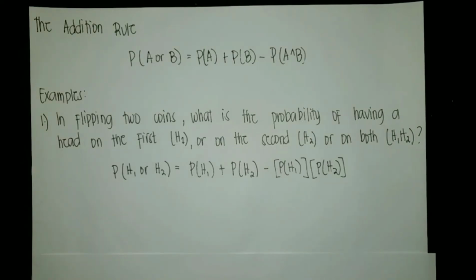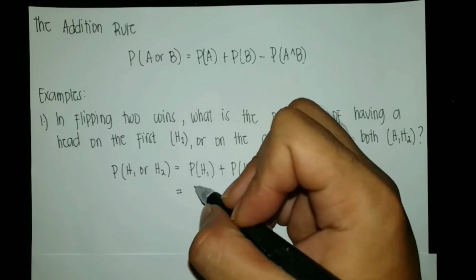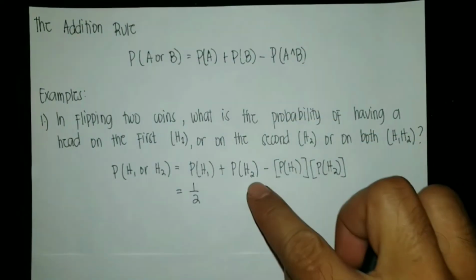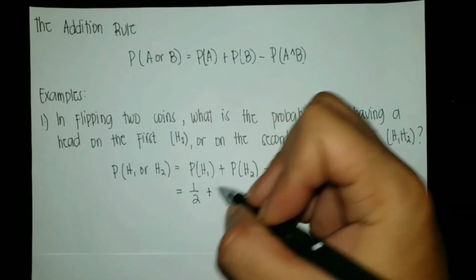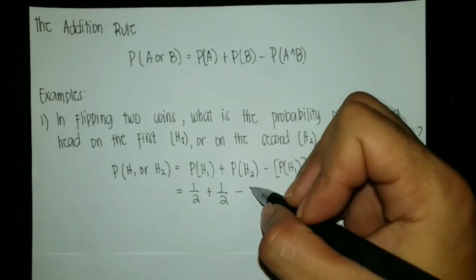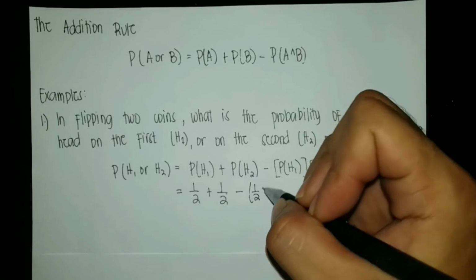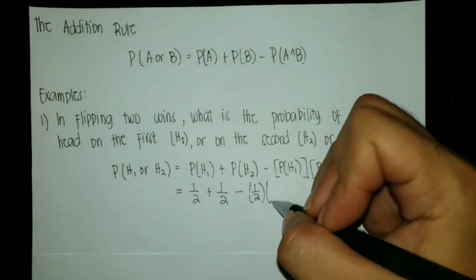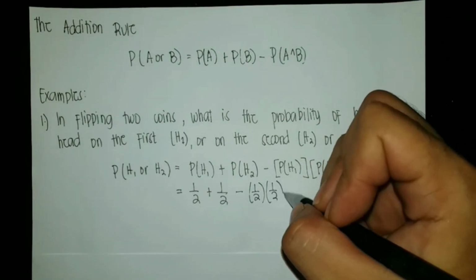We all know that the probability of obtaining a head on a toss of a coin is equal to 1/2. So that will be 1/2, then another 1/2, minus the product of the probability of both events, which is 1/2 times 1/2.